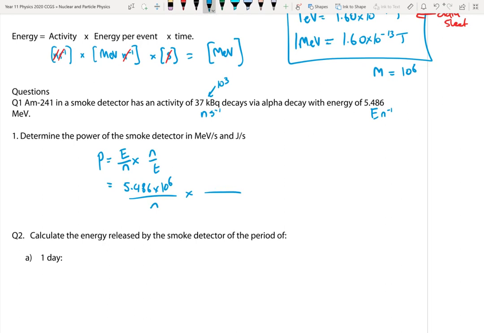N is 37 times 10 to the... We're just going to multiply them, right? There's no real equation. I'm getting a little bit caught up here.